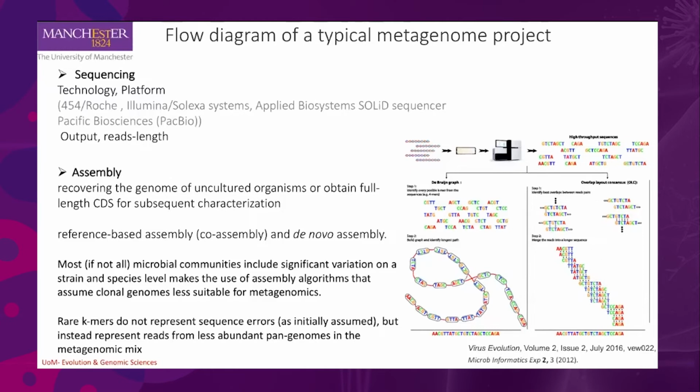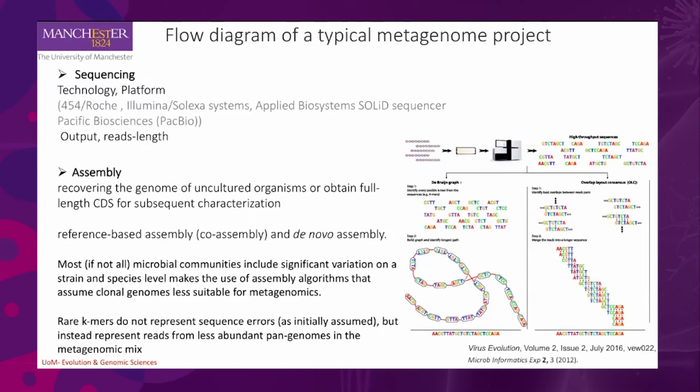The major things that we care about are the output, so the number of sequencing reads, the length of the reads, because these are directly related to our ability to assemble larger contigs, and of course the error ratio of the technologies.